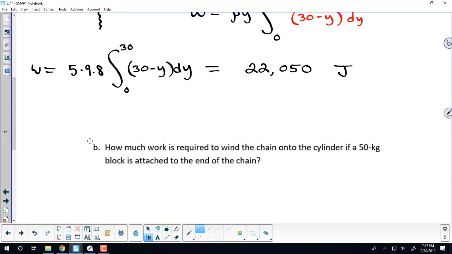You add just to that. Yeah, so how do you do that? I just did plus integral from 0 to 30. Well, this needs to be... we already figured out that is the worst part. Just J. And then add basically one more block, right? It's just mass of the block times gravity times a distance of 30.